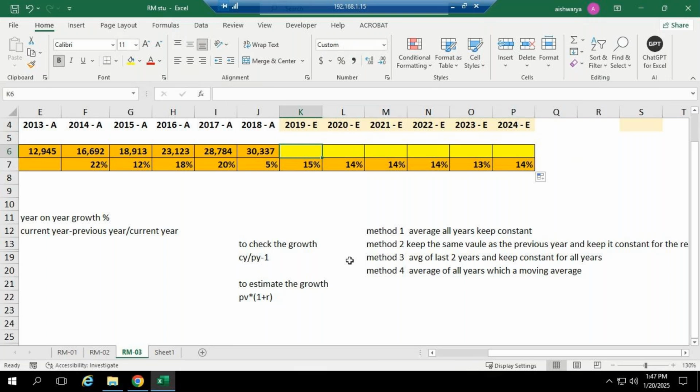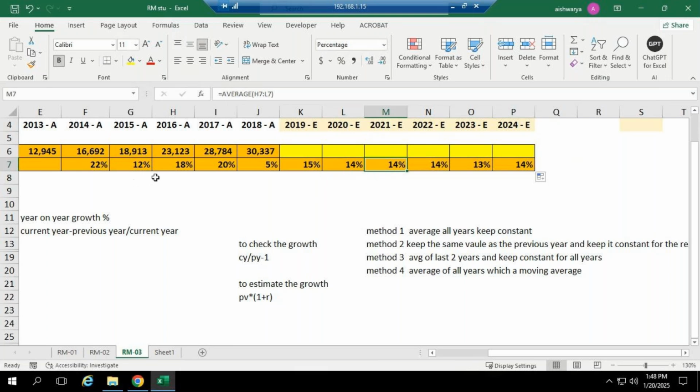See, now how do you get this 14%? The average of F7, that means from 2014 to 2018, you got 15%. The average of 2015 to 2019 you will be getting 14%.